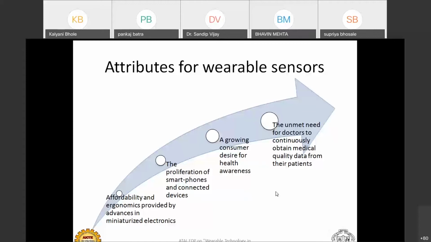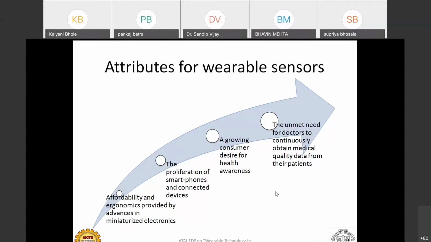First is the affordability and ergonomics provided by advances in miniaturized electronics. Advancement or evolution of the miniaturization. Because of this, in the previous example we had seen the whole ECG setup, and we are able to build that ECG setup just in a small patch.